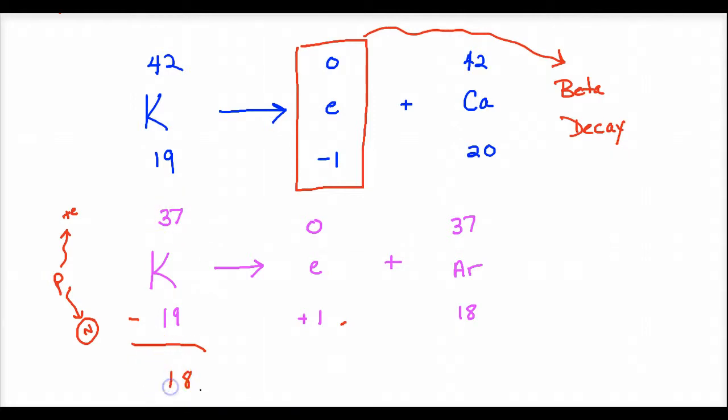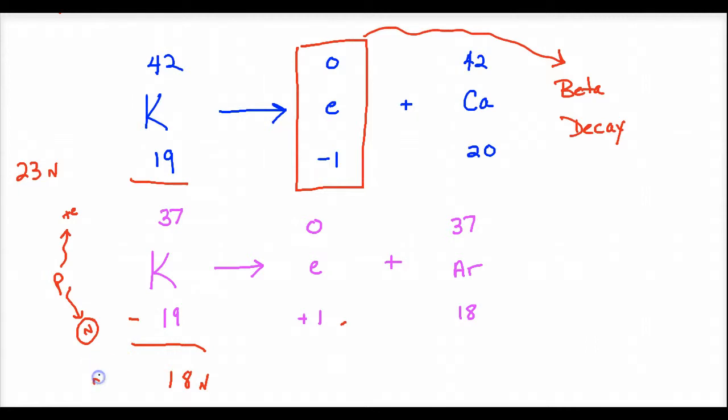So this has 18 neutrons, and this one, 42 minus 19, I believe, if my math is correct, is 21 neutrons. Check that, 23. I can do this simple math. So if you notice, this isotope has too few neutrons. There's not enough neutrons to buffer the protons.